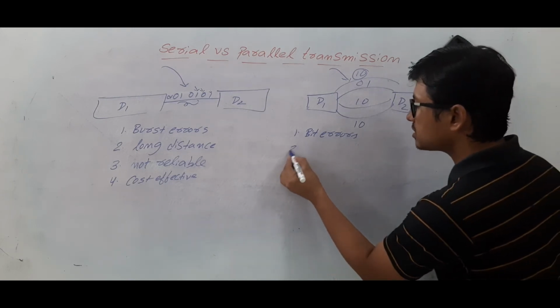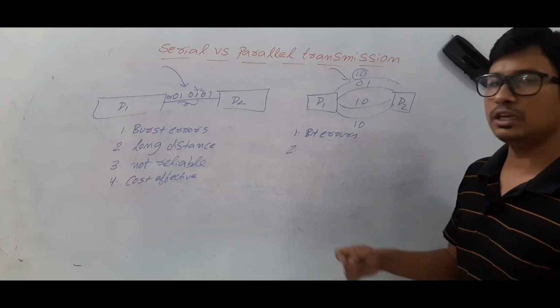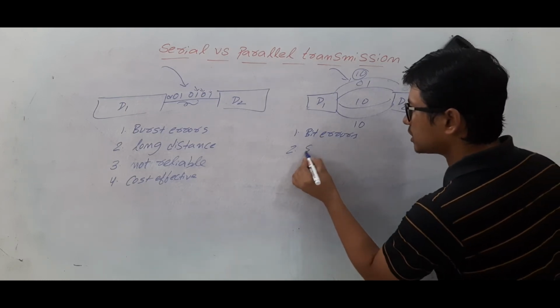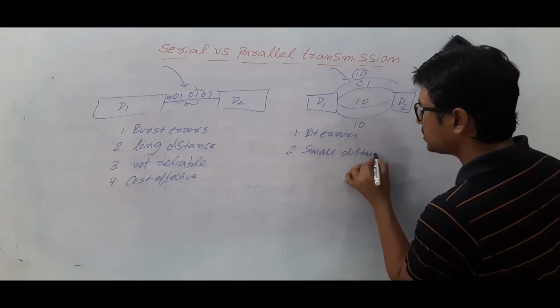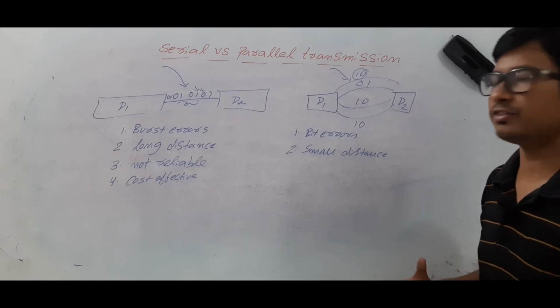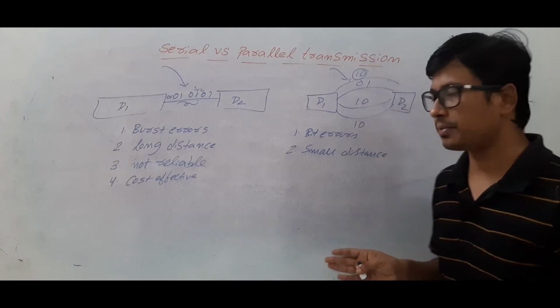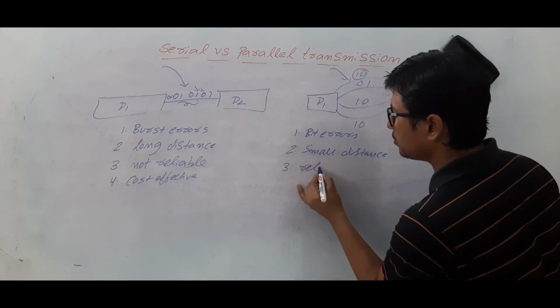And another one is that it is not a cost effective solution, and we can use this communication for small distances only. Are you able to understand? We can use parallel communication if the two devices are at a very short distance. Am I right? They are very close. And one more thing is that it is a reliable communication.